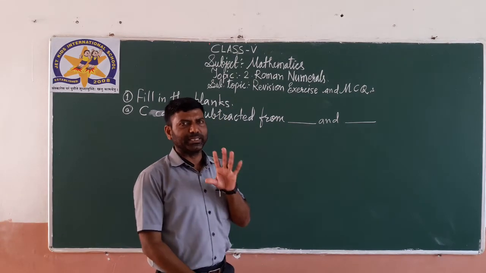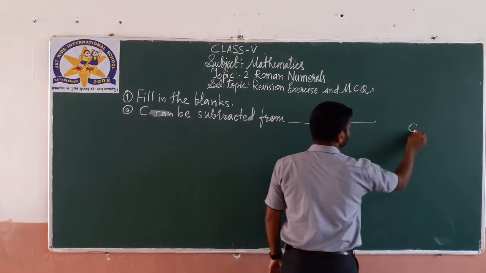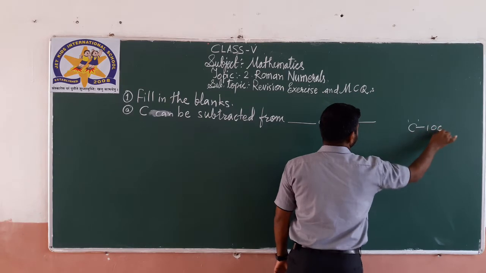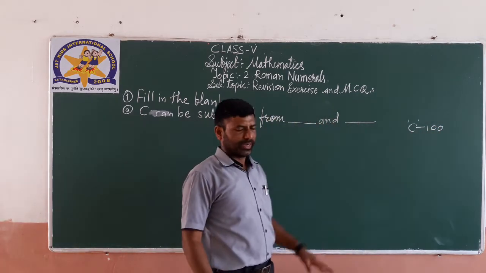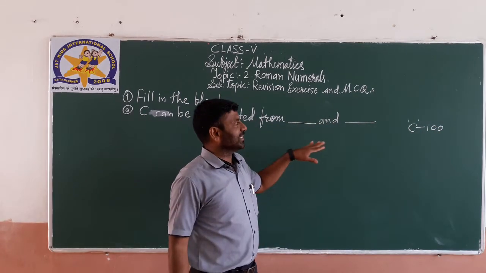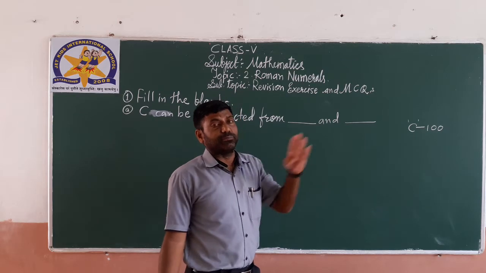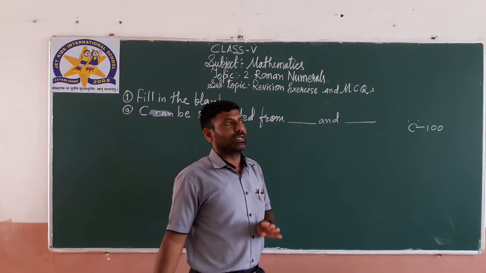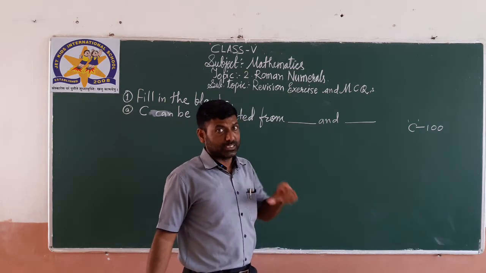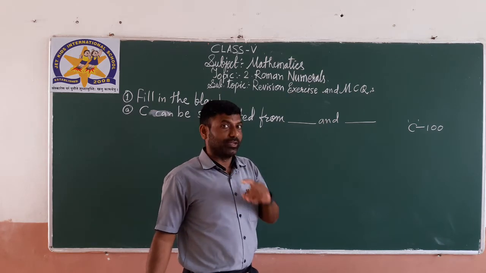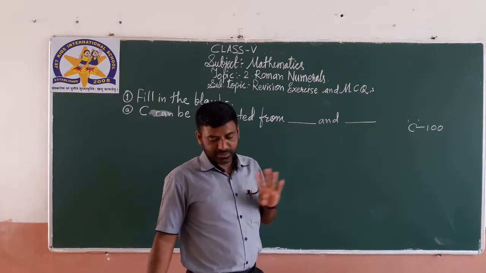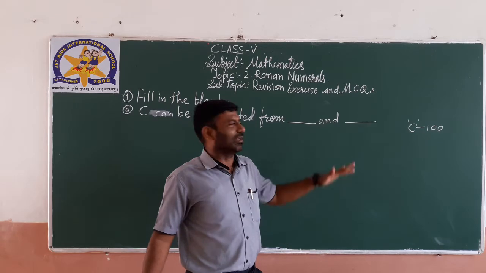We know that C means 100. If you see the previous videos, I mentioned the smart tips clearly, right? If you learn them, then you are able to solve this answer.